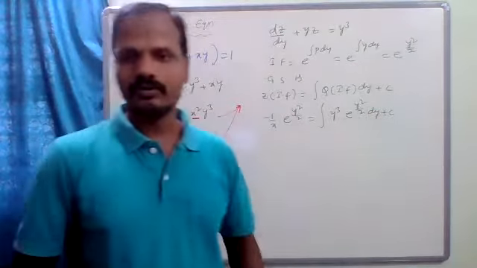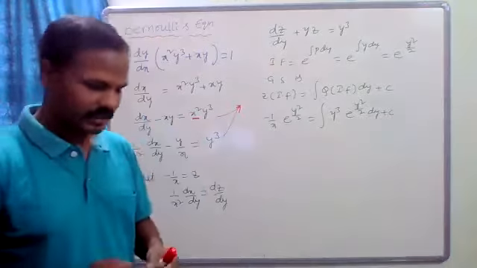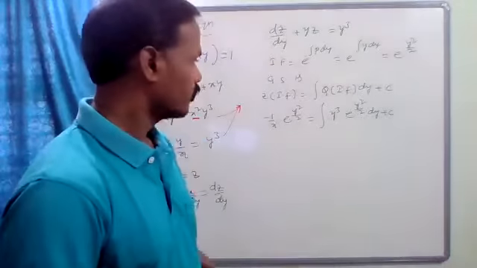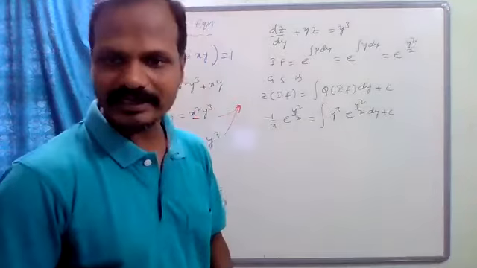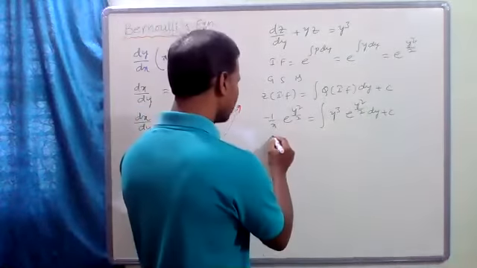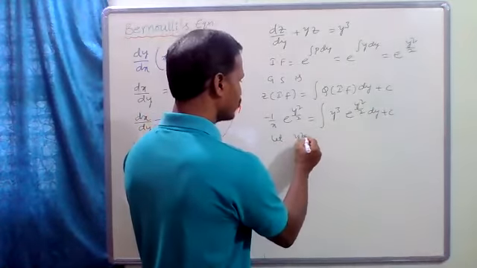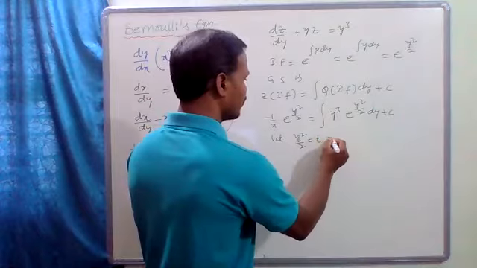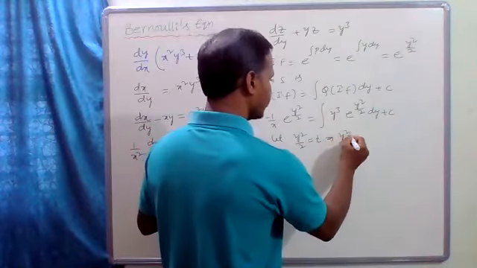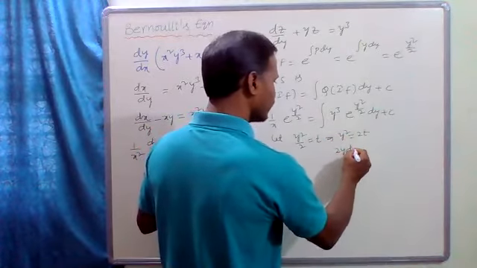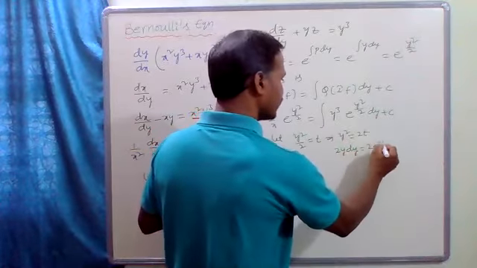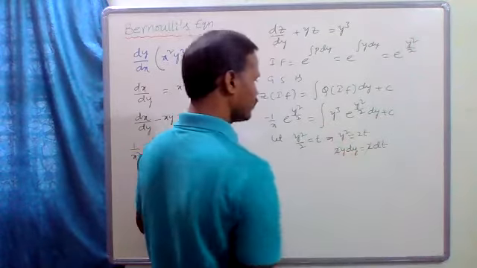So how will we solve the right side integration? You have to consider this y square by 2 as t. So let y square by 2 equal t. That implies y square equals 2t, so y dy equals dt.